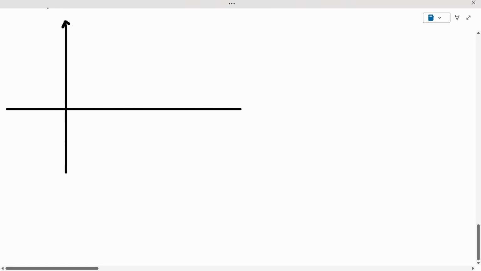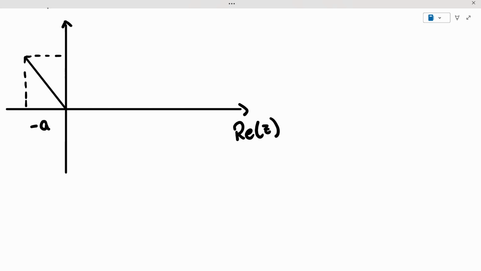Because if we had a complex number over here, which went maybe minus a units on the real axis and b units on the imaginary axis, when we think of the argument, we are actually measuring this angle here. It's the angle between the complex number and the positive real axis.